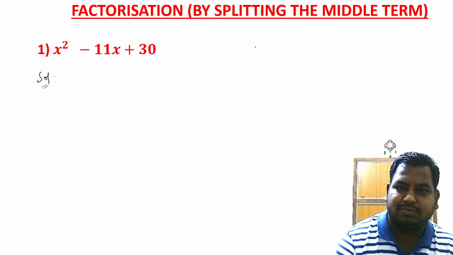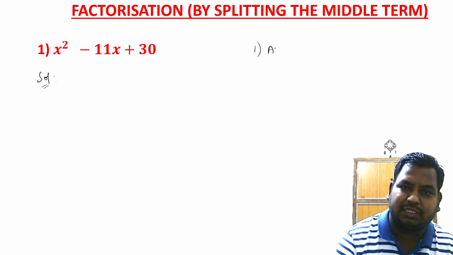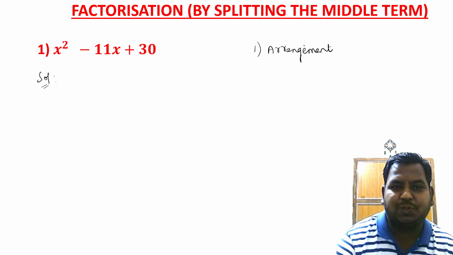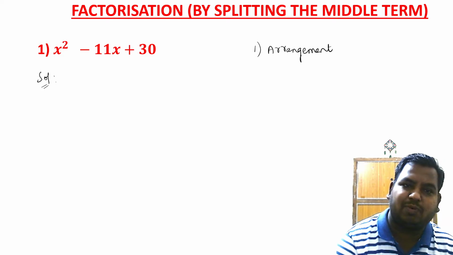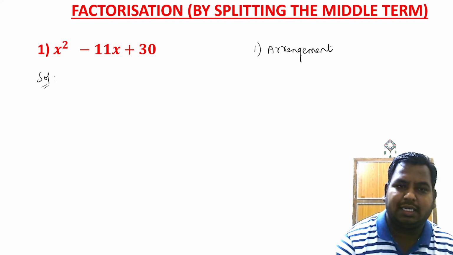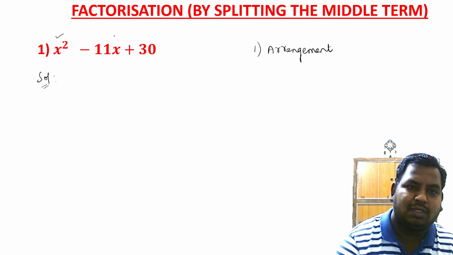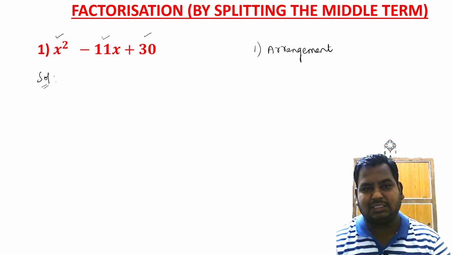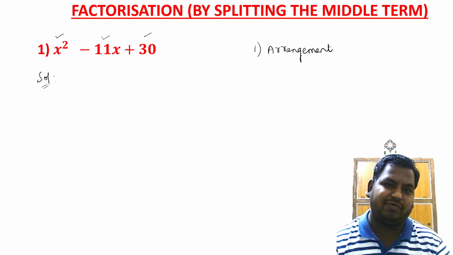In the first step, we have to look for arrangement. We have to arrange the terms of the given polynomial in the descending order of the powers of variables. Here we have first the x square term, second term is minus 11x, third term is 30. In this polynomial, all the terms are arranged in the descending order of the powers of variables.